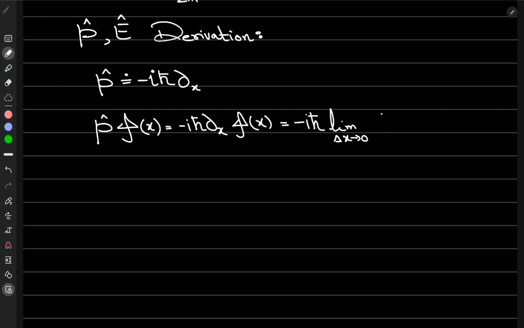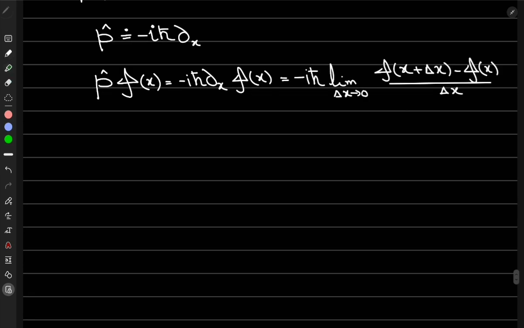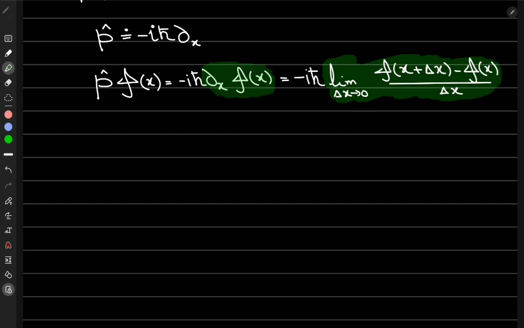We'll write it as psi of x plus some delta x, which is a little bit of change in the position x, a little bit of deviation from its original path, minus the wave function at its original position, that is just x. And we divide all of this by this deviation in x, delta x. This whole thing is the definition of the partial derivative with respect to x of psi of x, right?